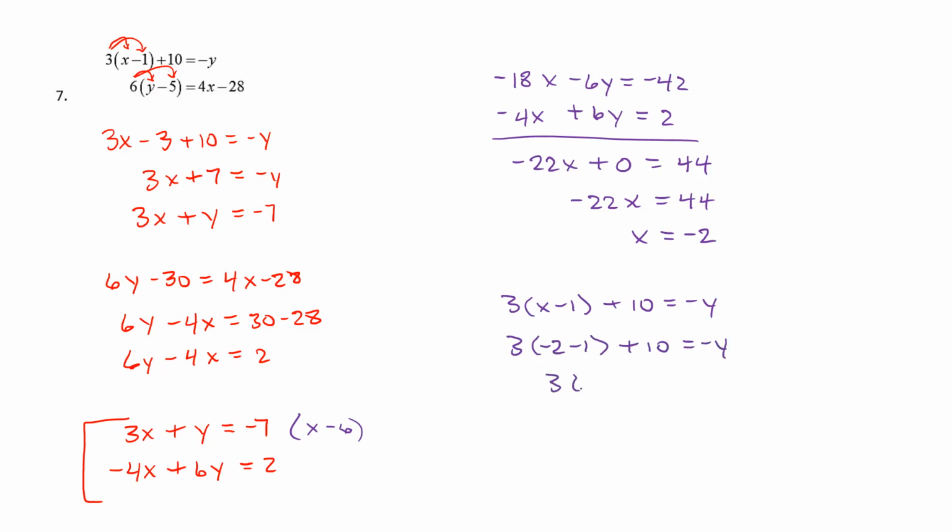So that's 3 times -3 plus 10 equals -y. So -9 plus 10 equals -y. So 1 equals -y. So y equals -1. So the solution is the ordered pair -2, -1.